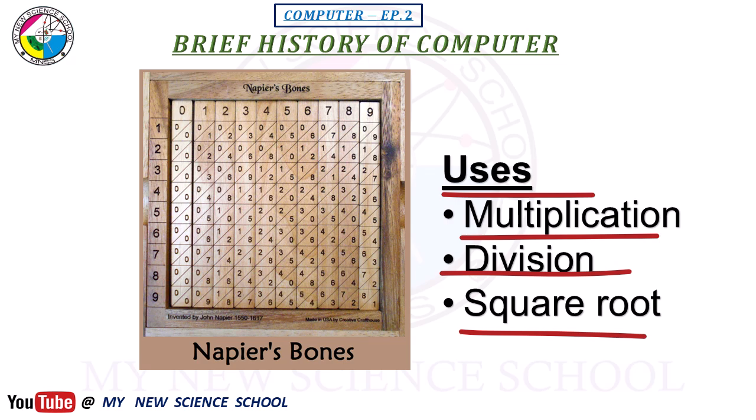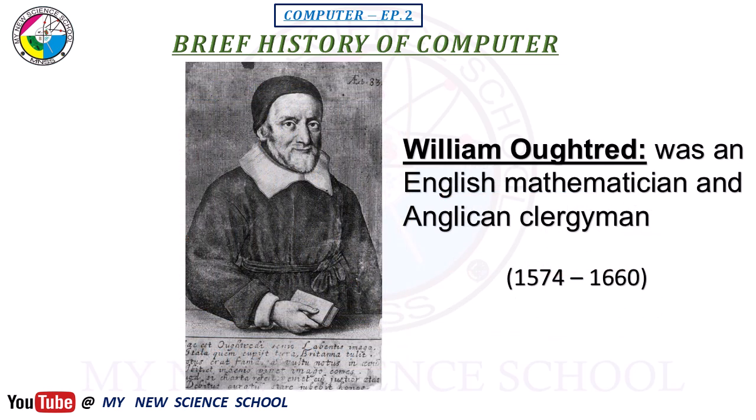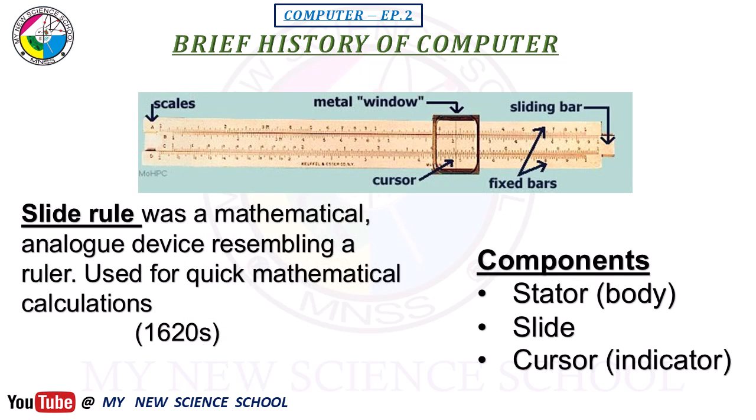Then another invention by William Oughtred, an English mathematician and also an Anglican clergyman, who invented a tool or machine called the slide rule. The slide rule was used to do mathematical calculations. These are the components of the machine. We have the stator, and we have the slide and cursor.